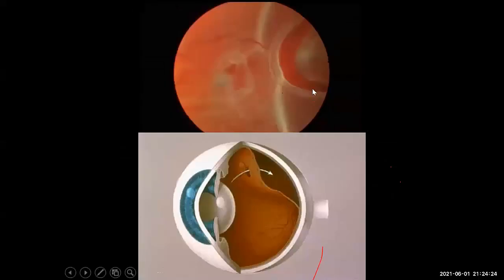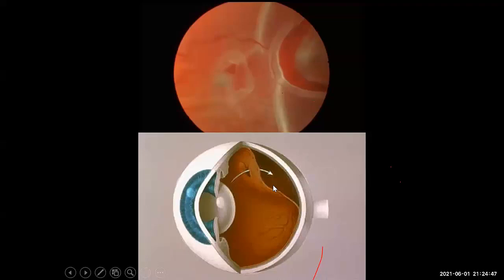Now here, the top picture shows a large retinal tear and with a retinal detachment. So the retina has just come off because there's fluid underneath. And this is a very diagrammatic representation of the same thing. You have a retinal tear here, the fluid goes through and lifts off the retina, detaching the retina.